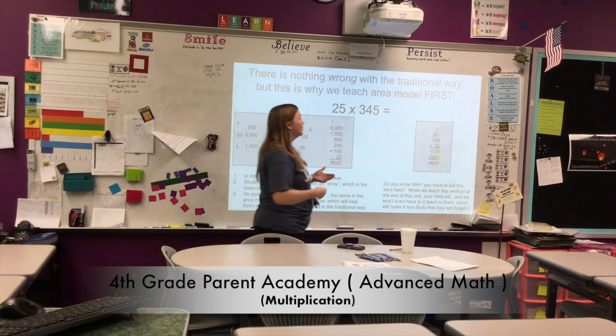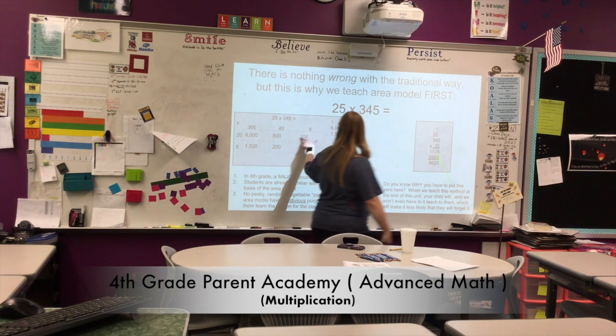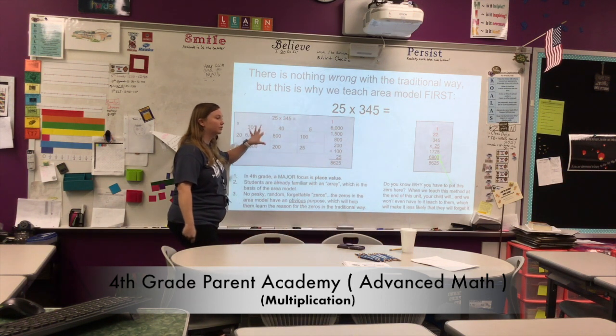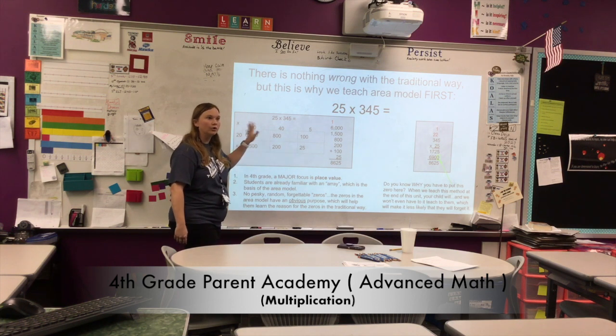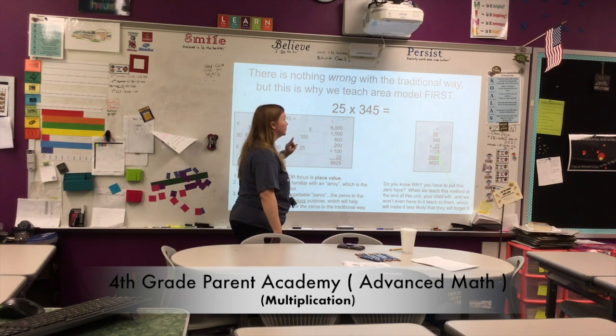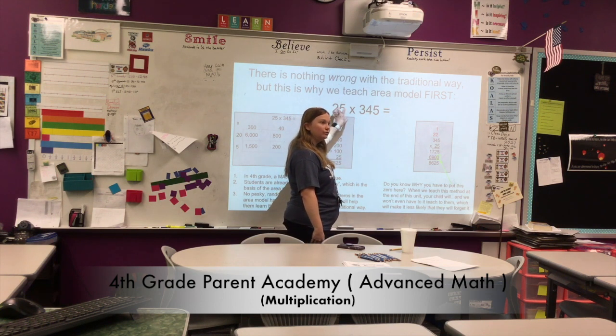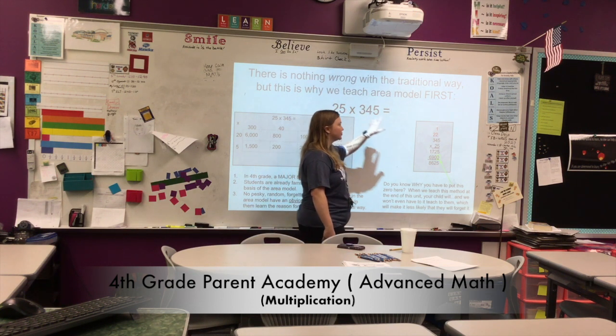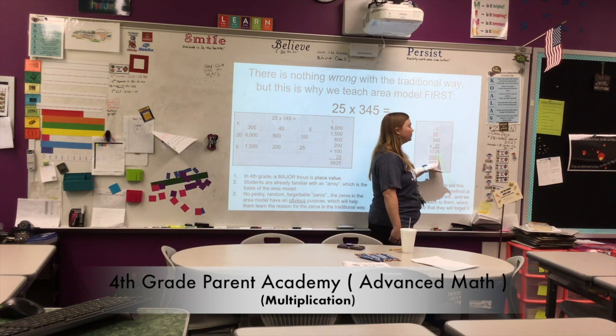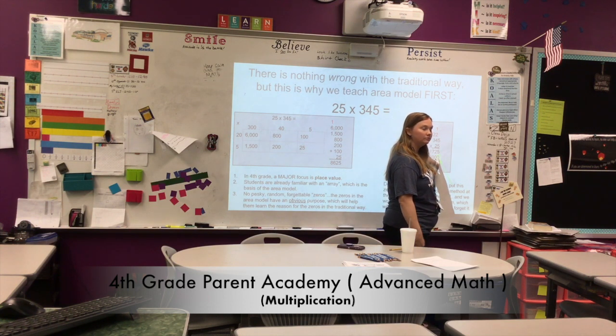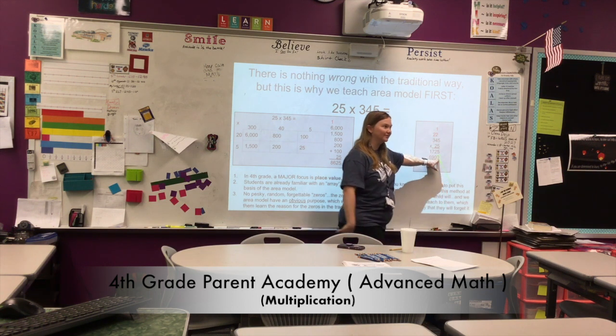That's why you do it. But our kids, after they go through area model and the distributive property and all those different things, they truly understand what multiplication is and the values of these numbers. And so when we get to this point, I don't teach them to put the 0 there. They figure it out themselves. They do, I promise, they do. Especially in this class, they do, okay?